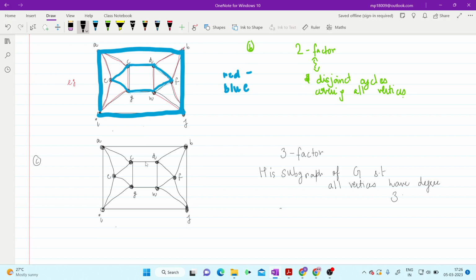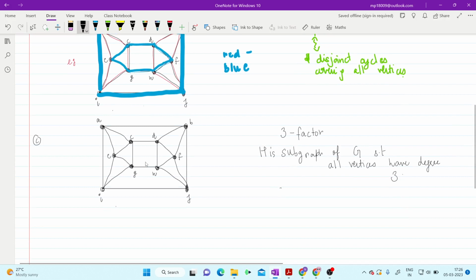If you want to find a three factor, from each vertex we have to choose three edges. First of all, let's see the degree count of this graph. We can see all the vertices have degree 4.